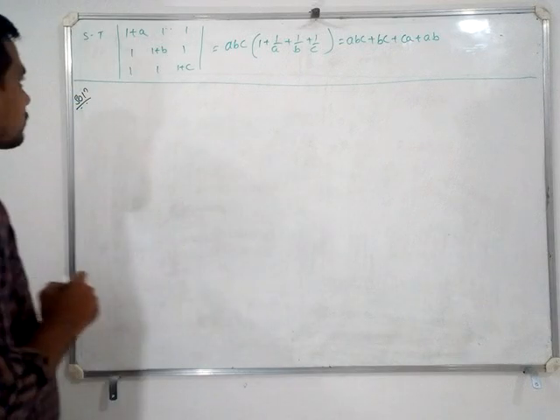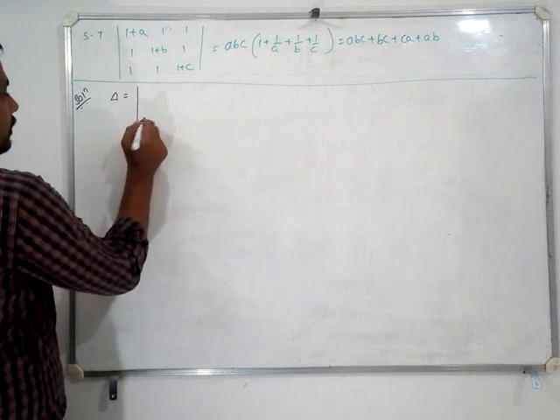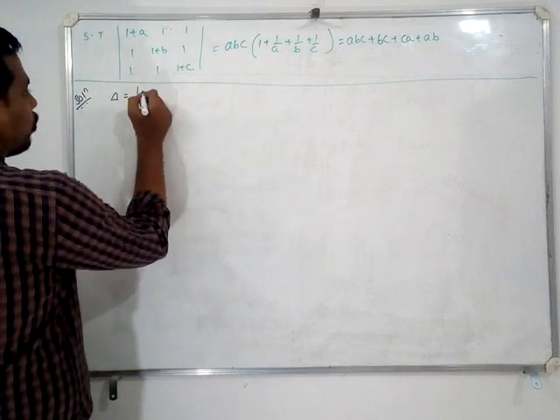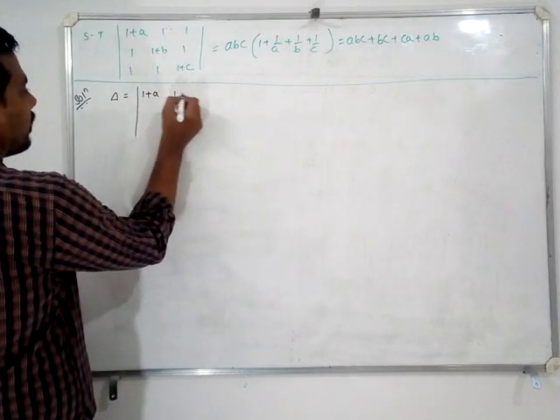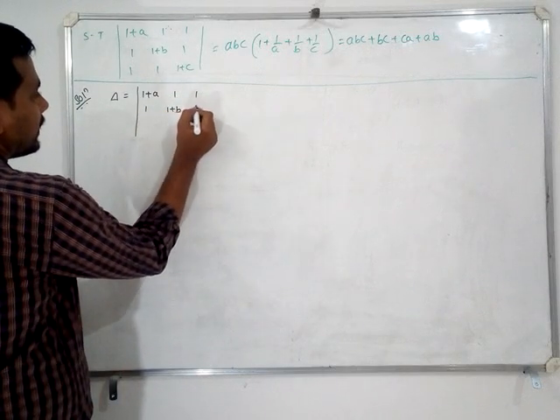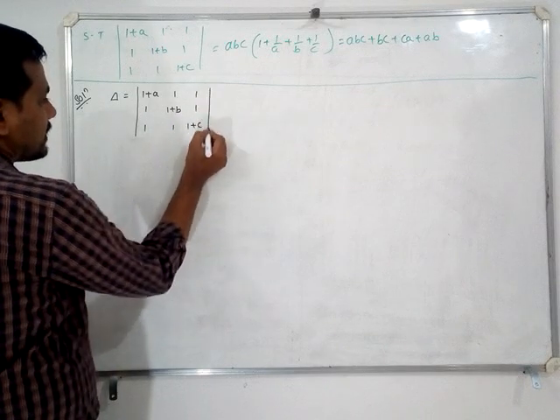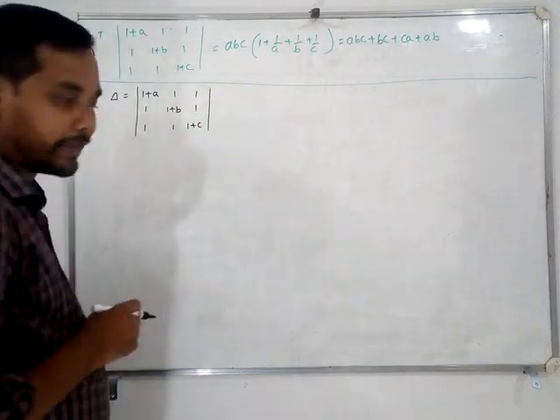The given determinant is 1 plus A, 1, 1; 1, 1 plus B, 1; 1, 1, 1 plus C. This is the given determinant.